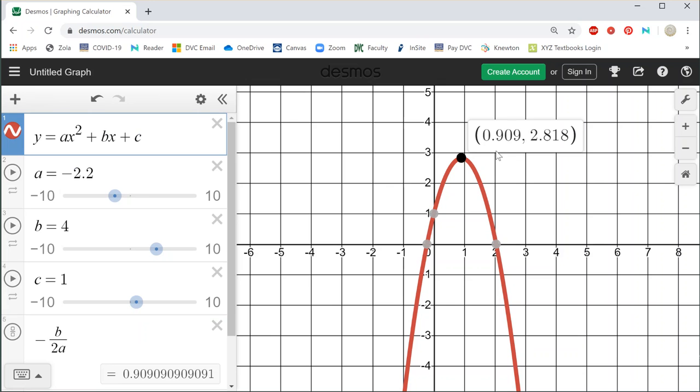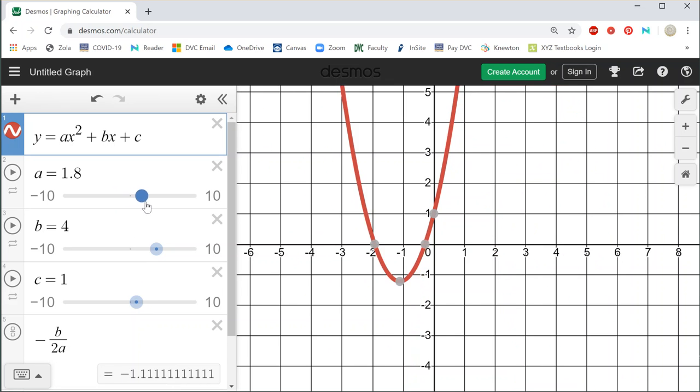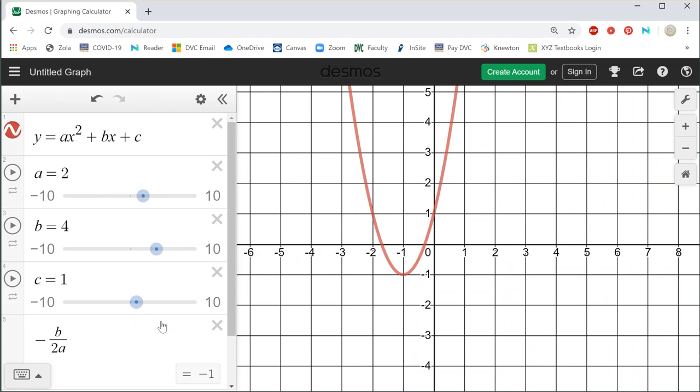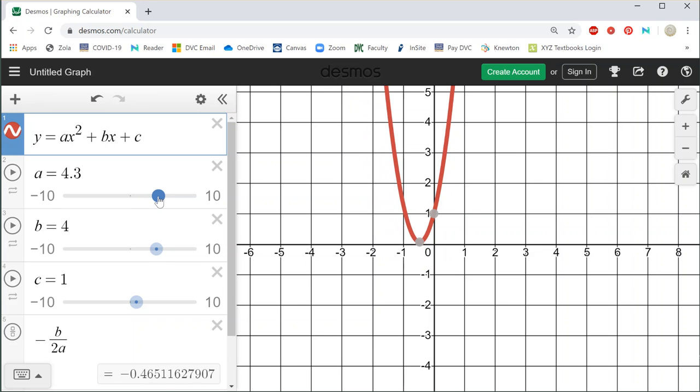Do you see this number? 0.909. That's negative b over 2a. And that's always true. Check this out. Here, the x-coordinate of my vertex is negative 1. Negative b over 2a is negative 1. Now here, the x-coordinate of my vertex is negative 0.5.